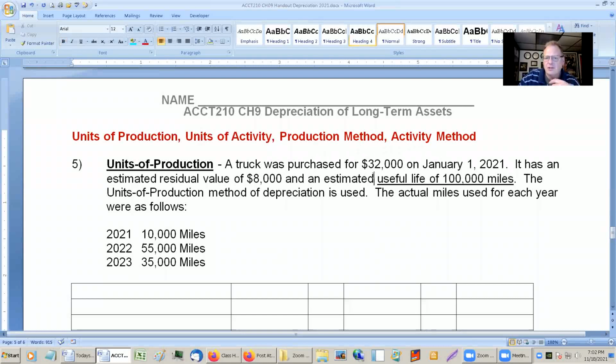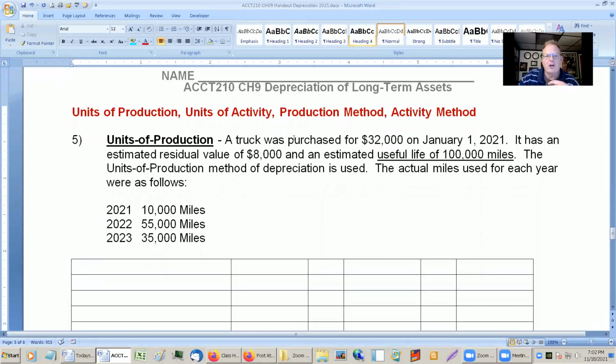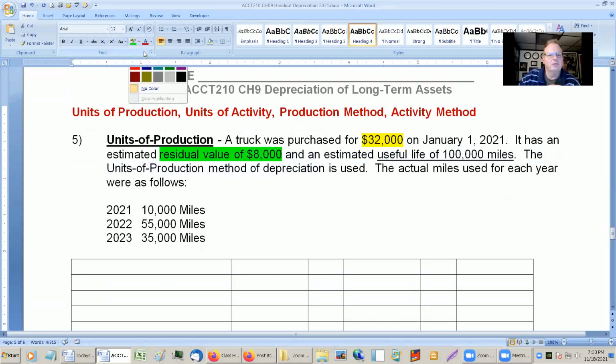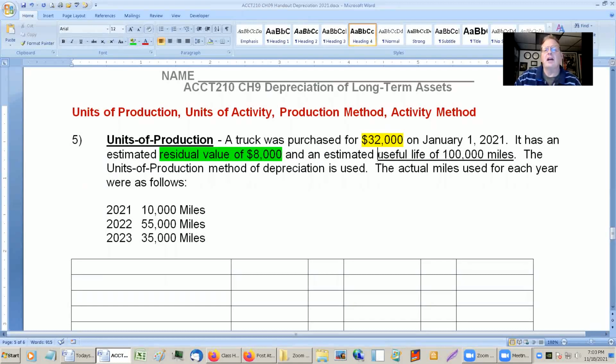You use whatever the life is going to be in how much this thing is going to be used. So for instance, if we have a truck here that was purchased for $32,000, this is the same scenario. Residual value is 8,000. We've seen that one before too. Now, this useful life, instead of saying that this truck is going to last for 5 years, we're saying this truck is going to last for 100,000 miles.